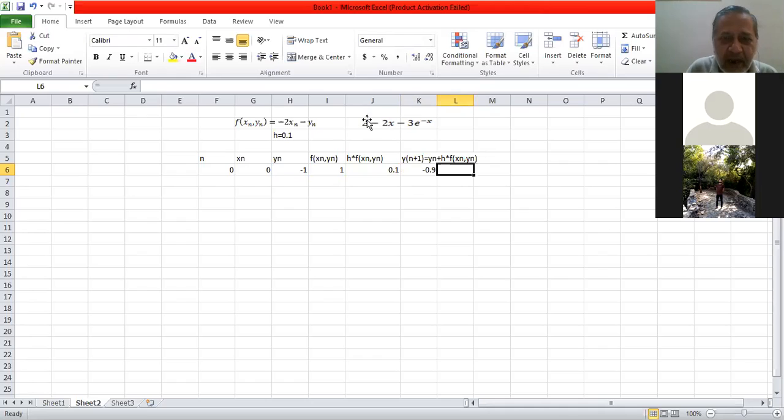Now the y value that will be obtained by the exact solution, I will write that here too. It is equal to 2 minus 2 times x, where x is coming from C6. Somebody is saying something? If not, please switch off your mic.